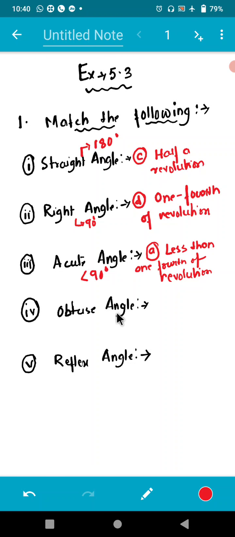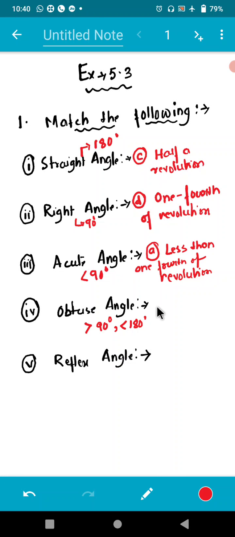Okay. Now obtuse angle is more than 90 degrees, less than 180 degrees. So this is the option, more than 90 degrees but less than 180 degrees. So which option would be the right option? It would be between 1/4 and half of the revolution. Now 1/4 revolution means 90 degrees, and half revolution means 180 degrees.